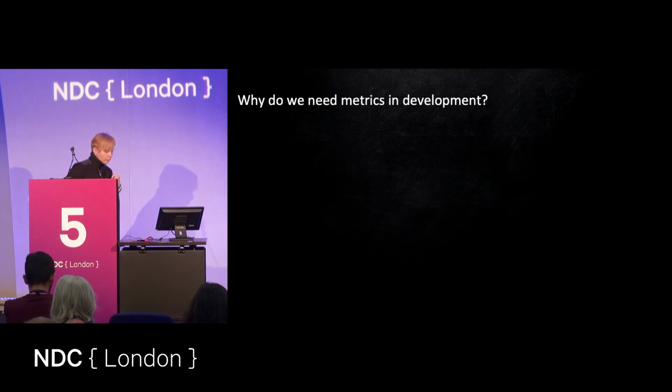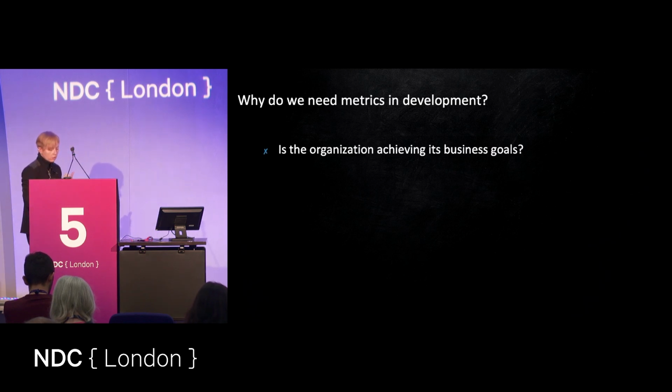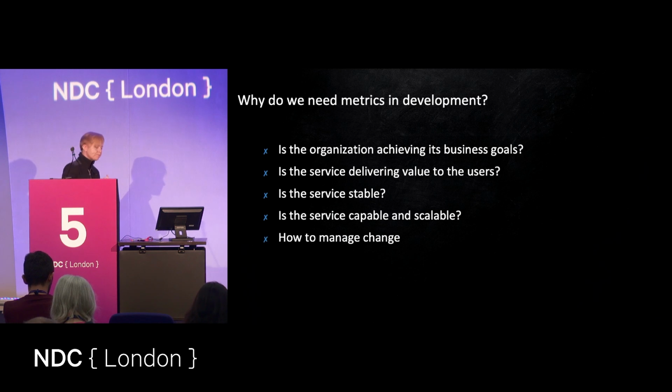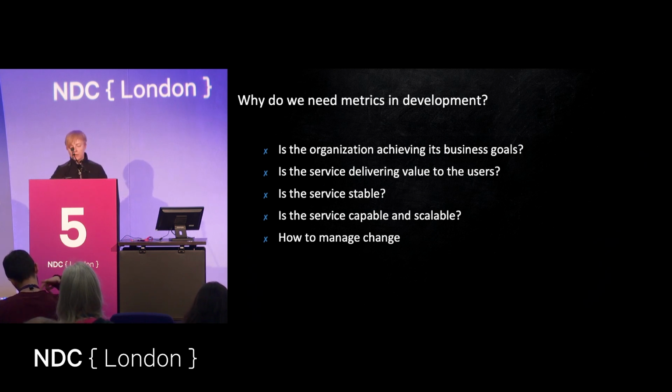Like, we already do the metrics in development, right? Just for all of those reasons, like to find out, is the organization achieving its business goal? Stakeholders want to have the answer: what are they paying for? Are those features or the functionality useful in their business? Is that service stable? And so on.